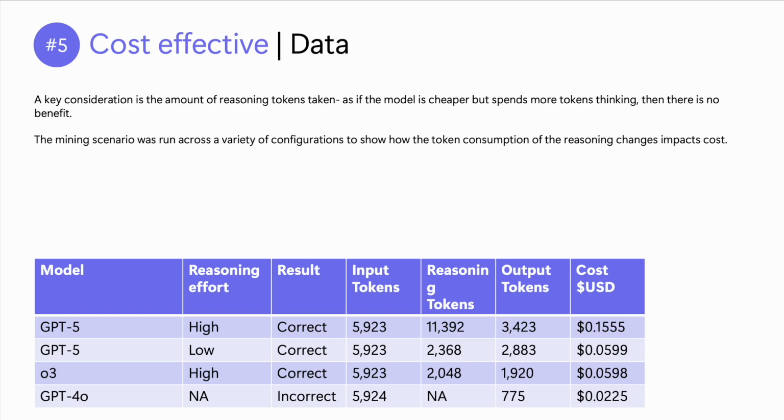You can see GPT-4o got the scenario wrong. O3 with high got it correct. GPT-5 with low reasoning used about the same number of reasoning tokens as O3 with high reasoning. So GPT-5 low was about the same as O3 with high, and then GPT-5 high used quite a lot of reasoning tokens, leading to higher cost.